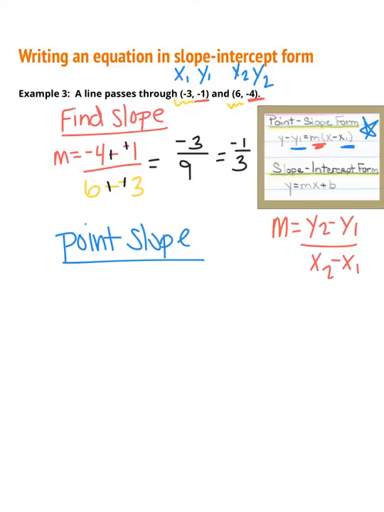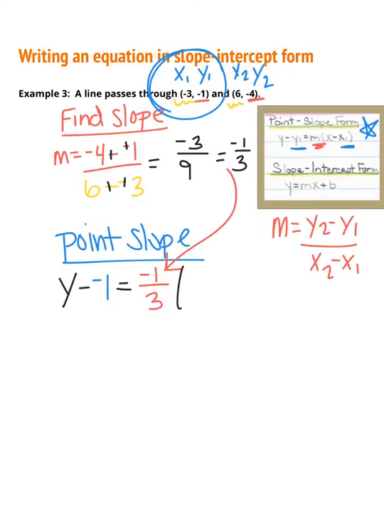So let me start with my point slope: y minus, and I'm going to bring in my y1, which looks like it's -1. So I'm going back up to the top here. I'm going to use this point -3, -1. Equals, now I need a slope. Remember, we just calculated that -1/3, bringing that in from step 1. And we're going to start with the parentheses x minus, and I'm going to bring in that x1, which is -3.